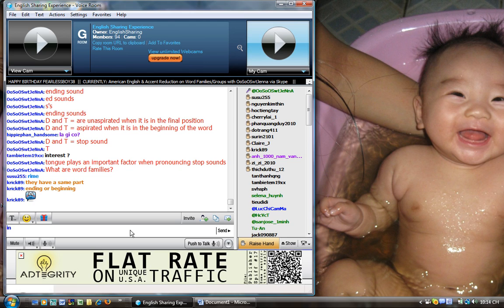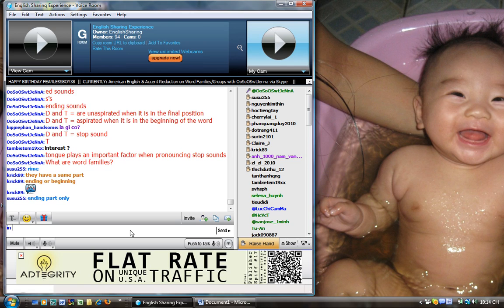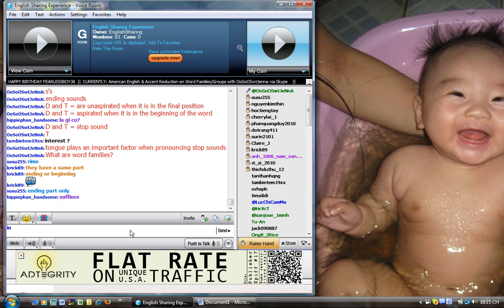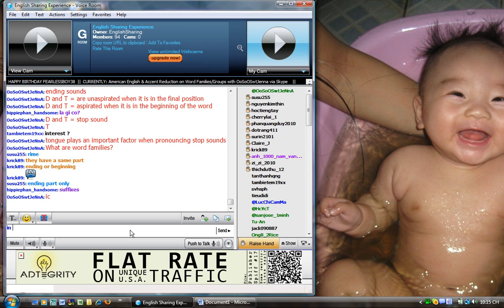So, once again, word families are groups of words that have a common feature or pattern. They have some of the same combinations of letters in them and similar sounds. For example, we don't want to call it a suffix because it's not a suffix, right?